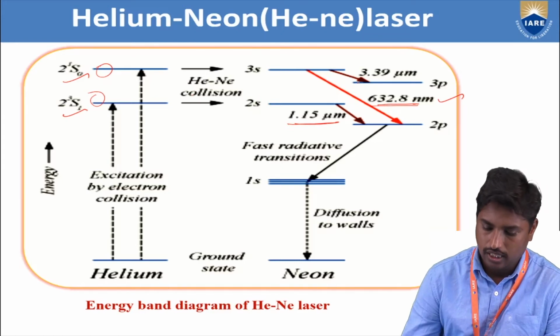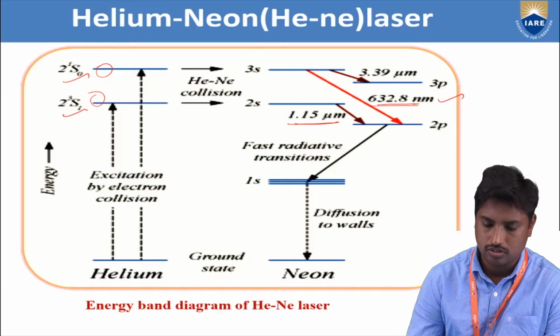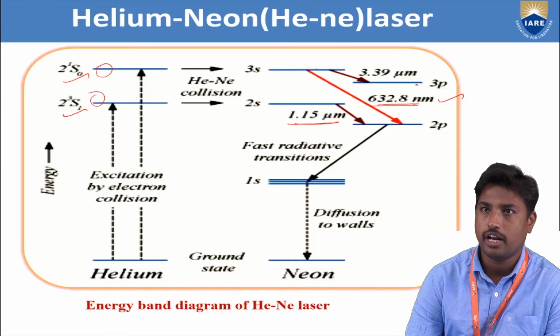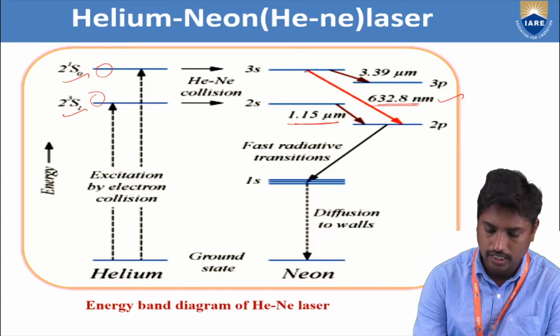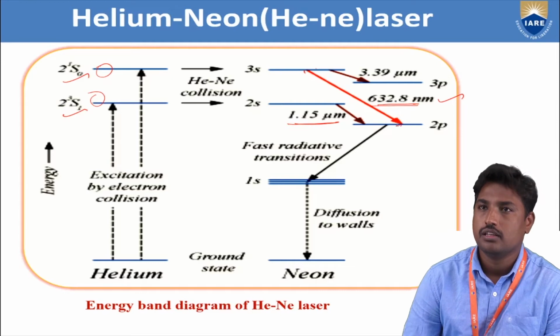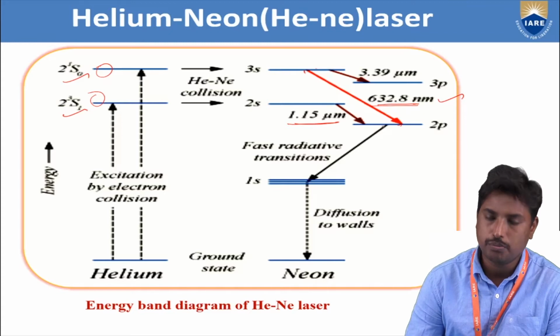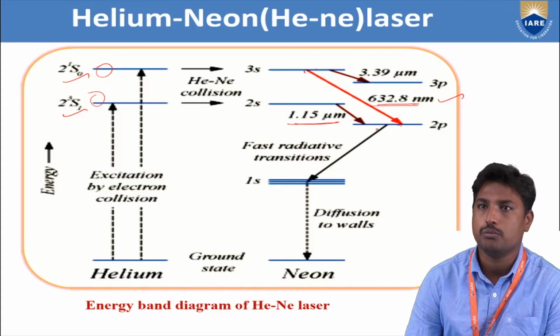After that, 3 laser transitions are possible. As already discussed, 3s to 3p gives 3.39 micrometers of wavelength; the major transition, 3s to 2p, gives 6328 angstrom units, which is 632.8 nanometers; and 2s to 2p gives 1.15 micrometers wavelength.